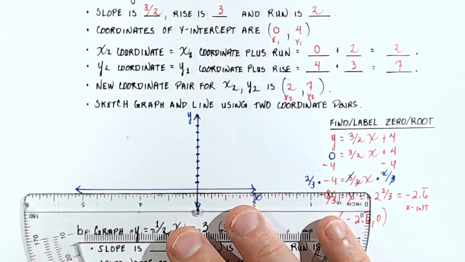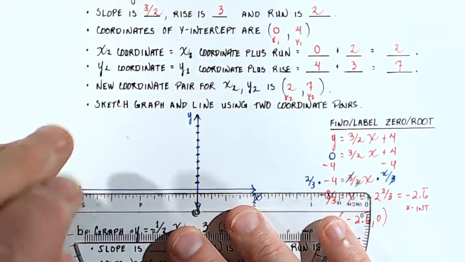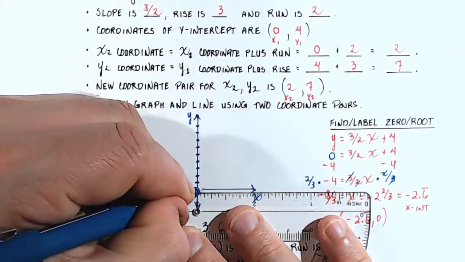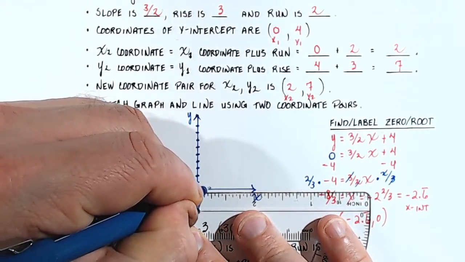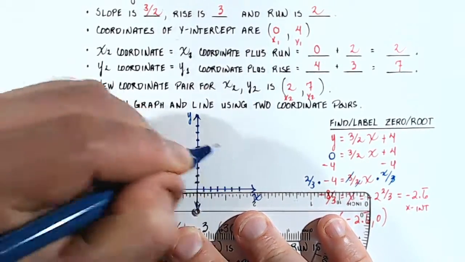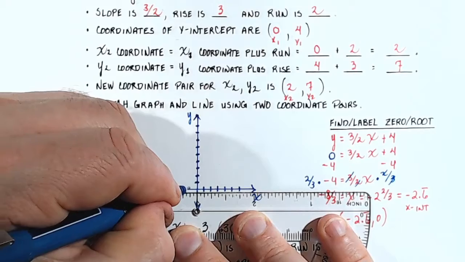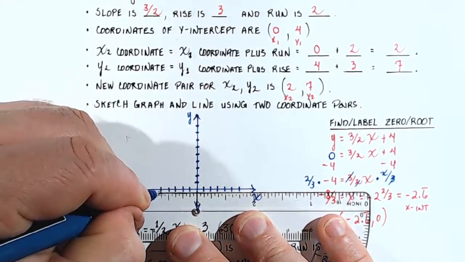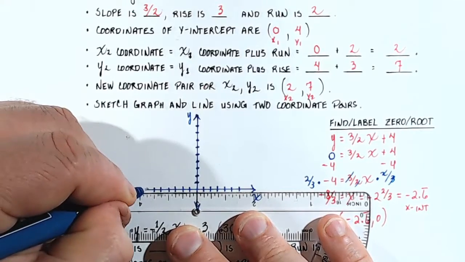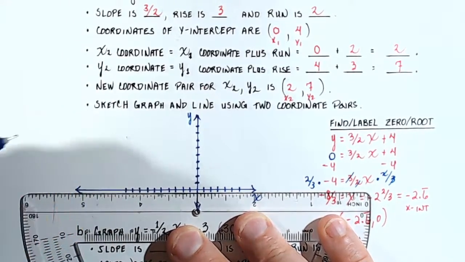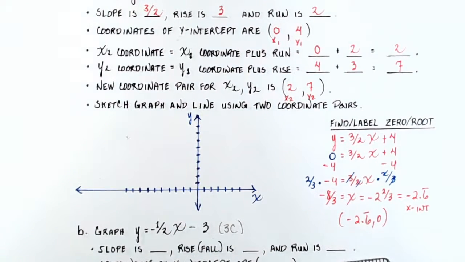Line up a line there, and then go over. First, we'll go to the right. 1, 2, 3, 4, 5, 6. To the left, we'll go over 1, 2, 3, 4, 5, 6, 7, 8, 9, 10. And that should be enough to plot what we need.